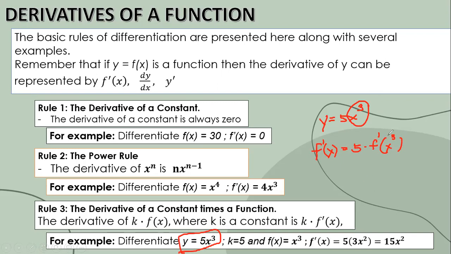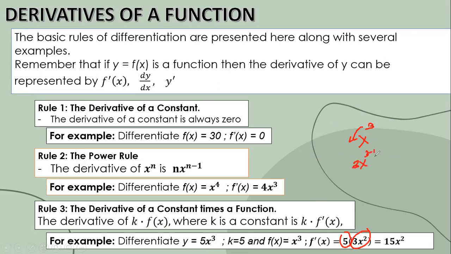So we get, okay, ano ba yung derivative ng x cubed? Okay. K is equal to 5 and f of x is equal to x cubed. We get f prime of x is equal to 5 multiplied to 3x squared. Bakit 3x squared? Since we have x cubed, tapos bumaba yung 3, naging 3x.